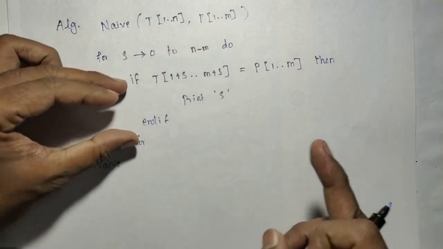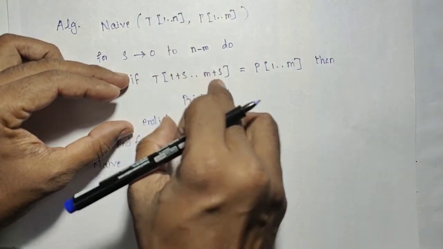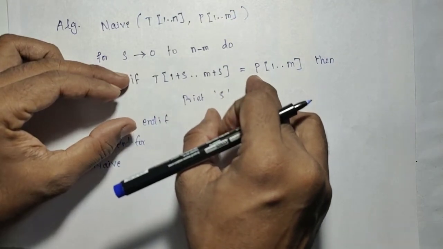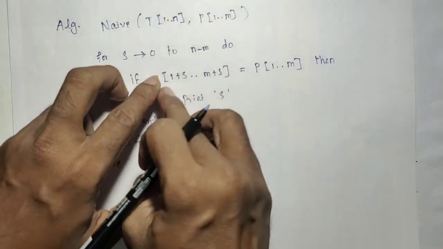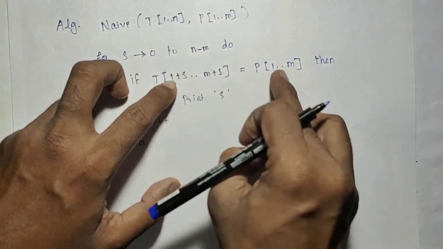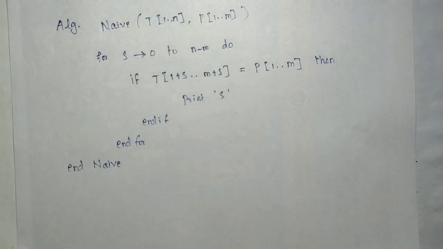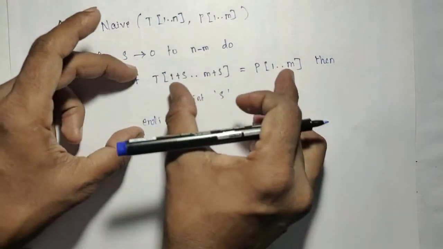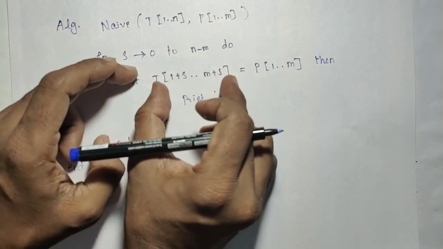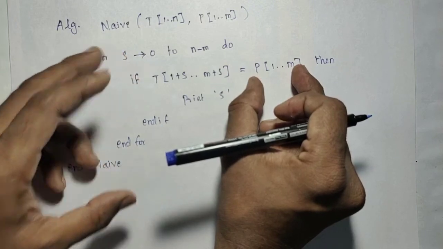We can also expand this algorithm like: for i equal to 1 to m, then T of i plus s equals P of i, like that we can write it. So we can write one for loop inside. But simply we have compared T of 1 plus s to m plus s, this string is compared with this string.